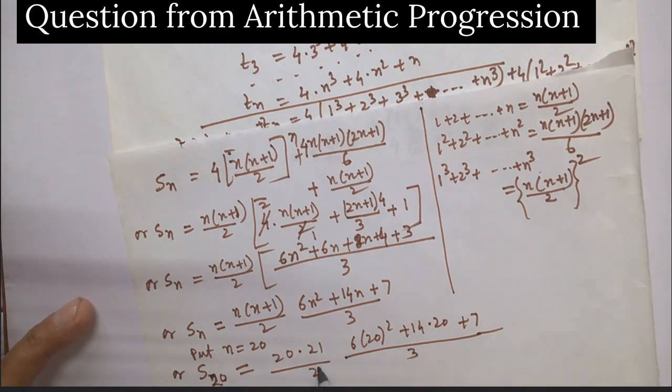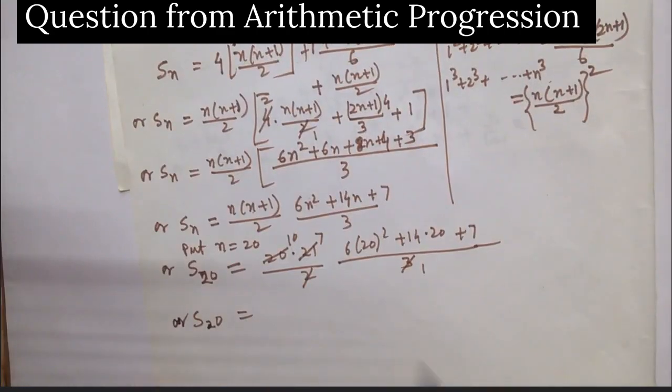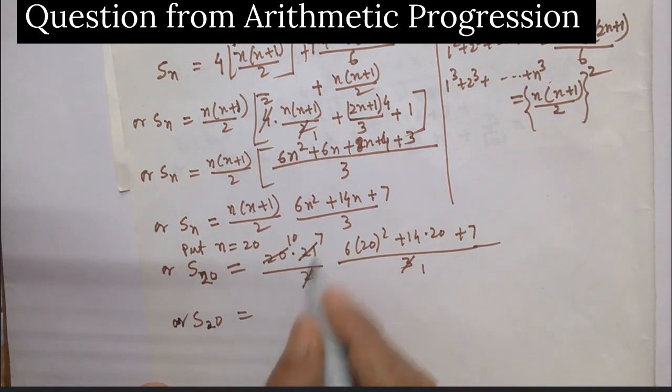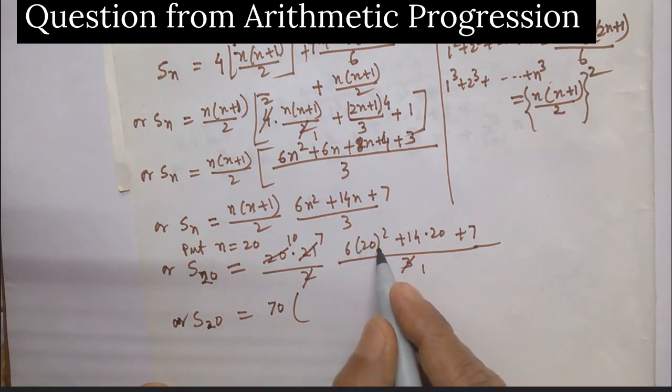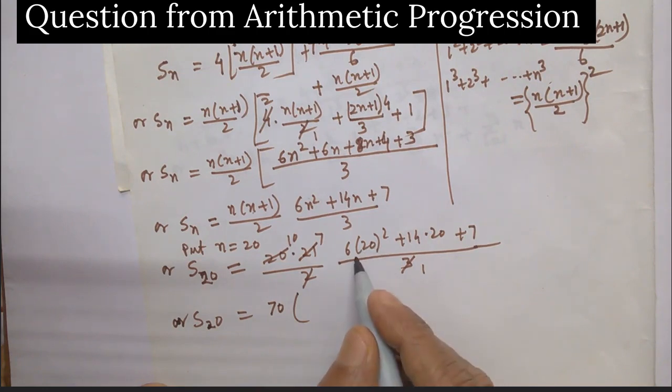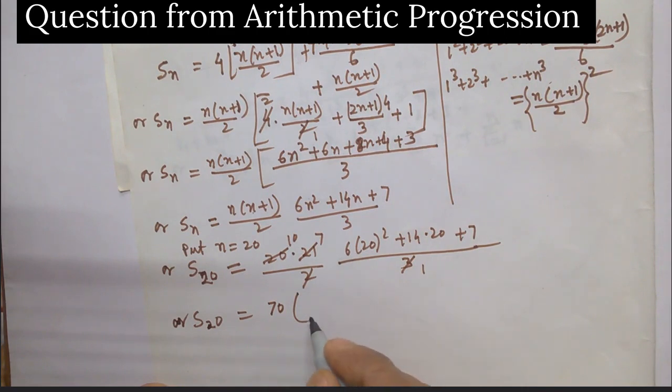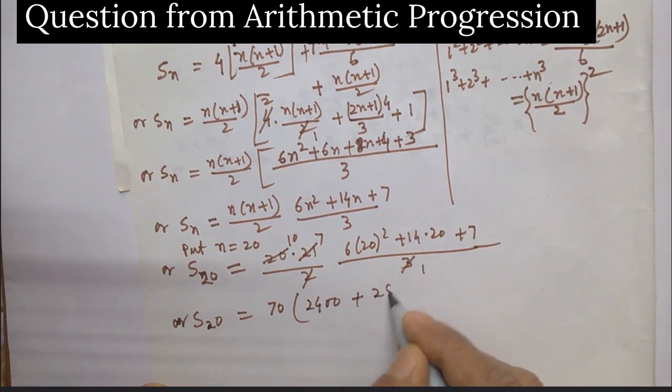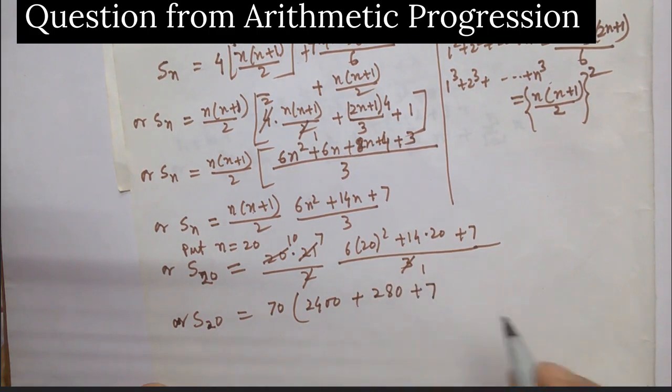Again simplify: 2 into 10, and 3 into 7 is 70. 20 into 20 is 400 into 6 is 2400, plus 280, plus 7.